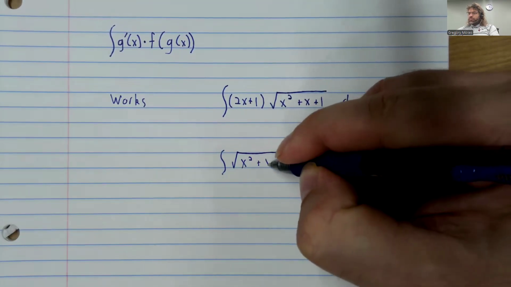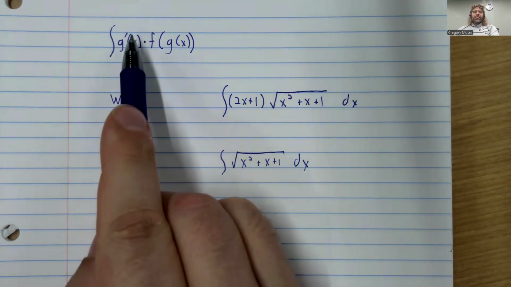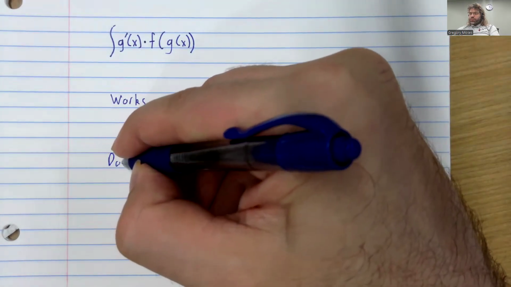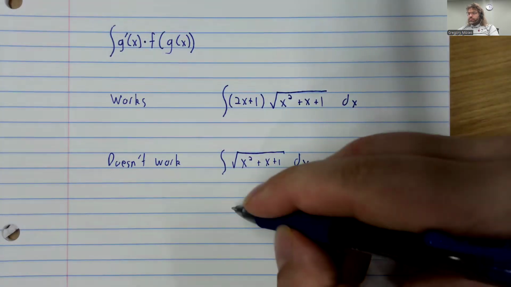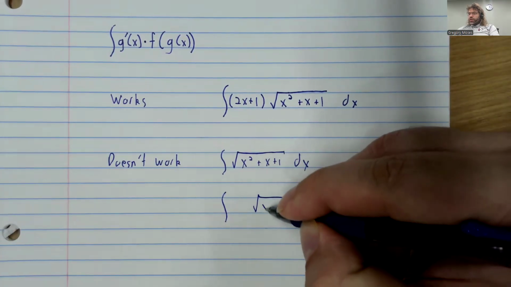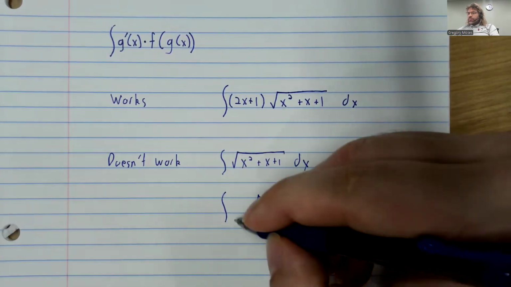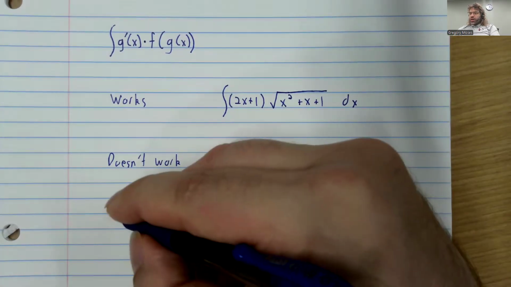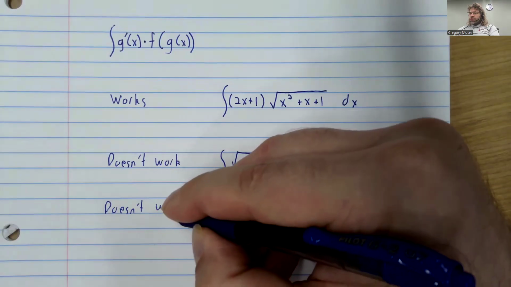By contrast, if we just had the square root of x squared plus x plus 1 without having the derivative in front, u substitution doesn't work. If we had the square root of x squared plus x plus 1, and we had x cubed in front, this substitution method doesn't work.